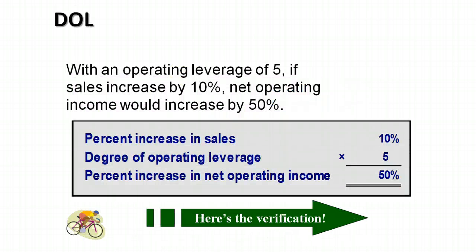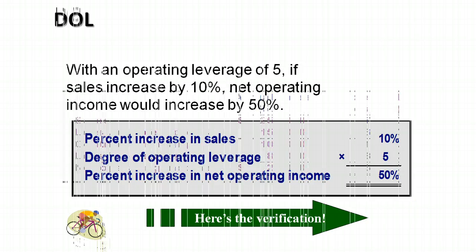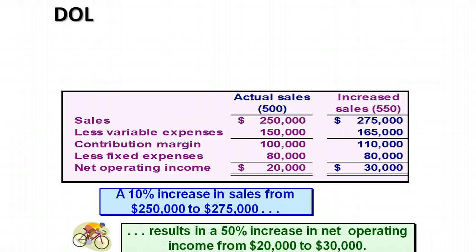What this means is if we have a 10% increase in our sales, that is going to increase our EBIT by 50%. That's what the degree of operating leverage means. It's how much our change in sales will impact our EBIT. And so here's the verification. We originally were selling 500 bikes, now we're selling 550. So there's the 10% increase.